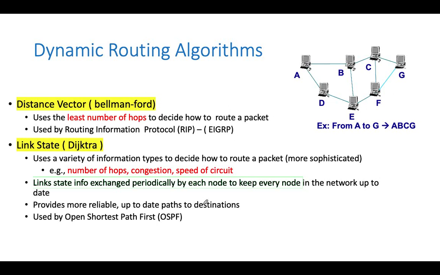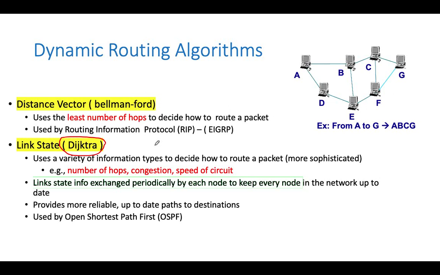One of them, by the way, is Dijkstra, the one that is used for Google Maps. If you have used Google Maps on your phone or whatever to find directions, Dijkstra is the algorithm used in Google Maps. What's the difference between both of them? Both try to find the shortest path, yes, we agree on that.